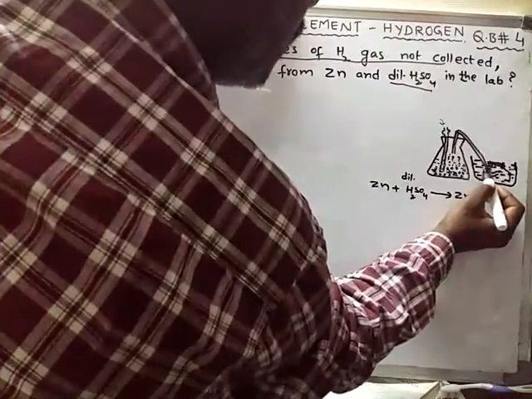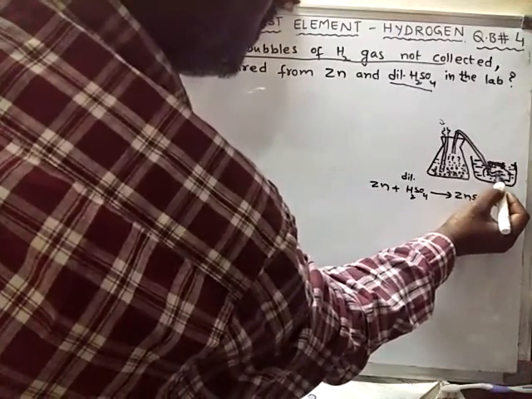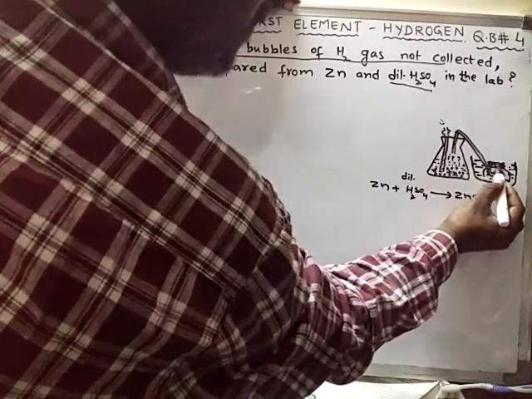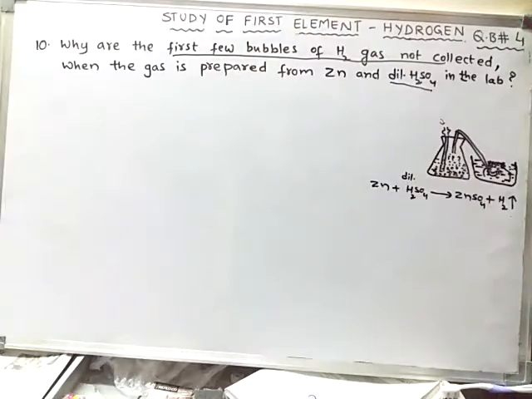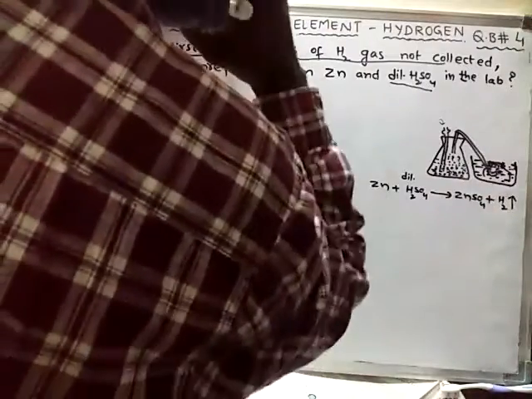Here this is water, this is called the beehive shelf, and here this hydrogen gas along with the air is bubbled into the water. Now the bubbles of hydrogen and air are formed.